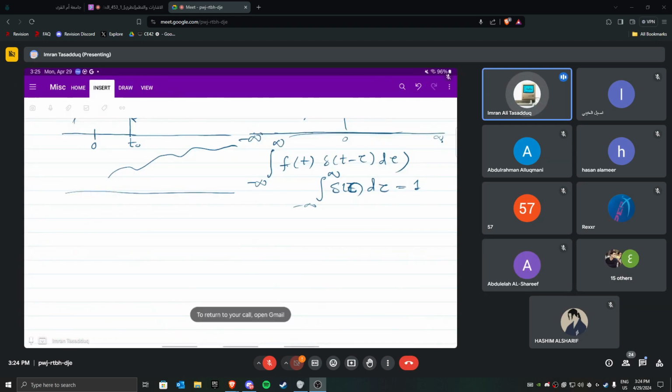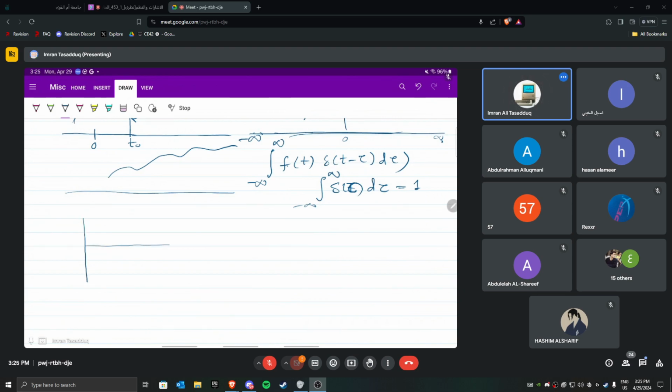So normally when we plot any signal, we plot it like this. Let's suppose I'm plotting a sine. Now tell me, what is on the x-axis? Time, exactly.